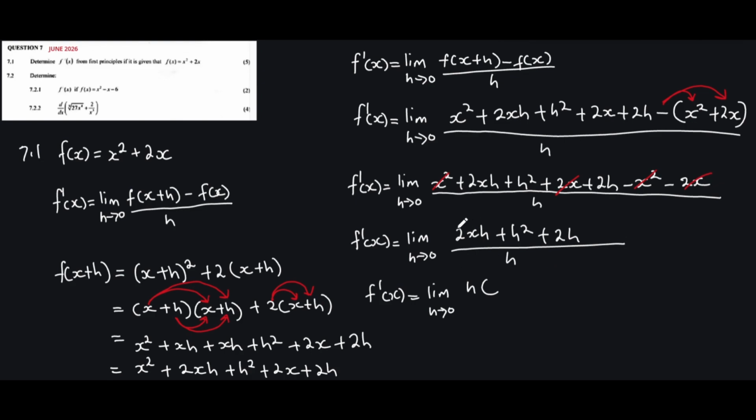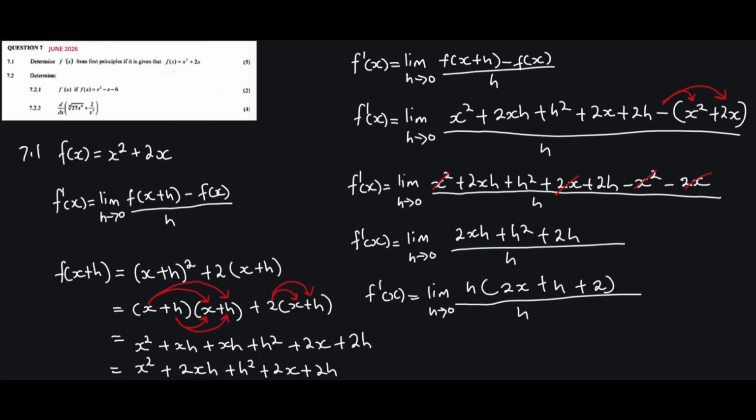So that 2xh we will write as 2x, because h times 2x will give us 2xh, and that h squared we will write as h, because h times h will give us h squared, and that 2h we will write as 2, because h times 2 will give us 2h. And then all these will be divided by h.